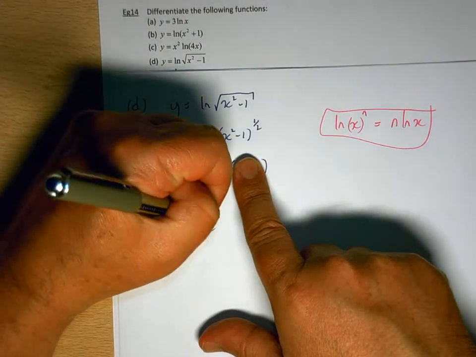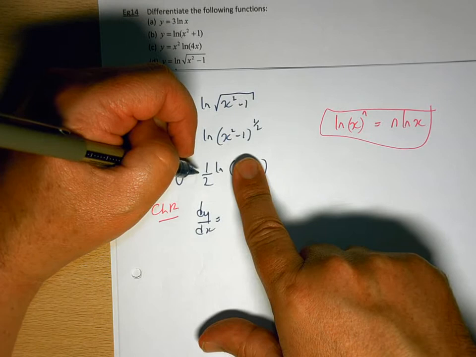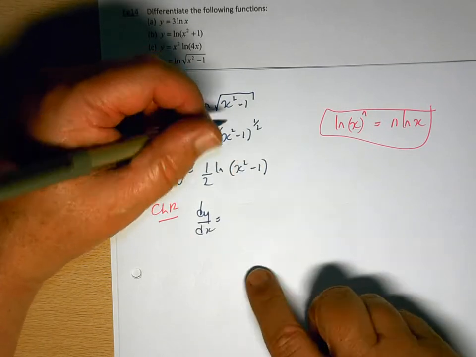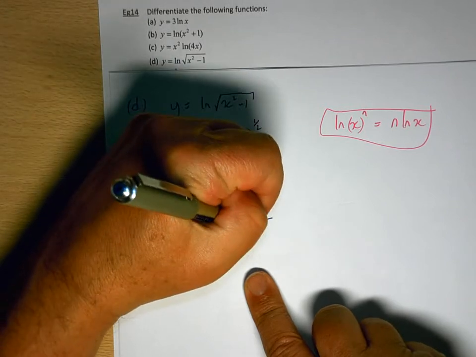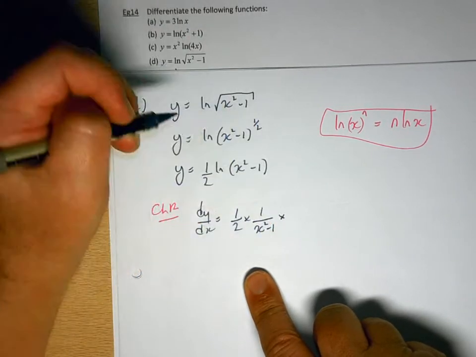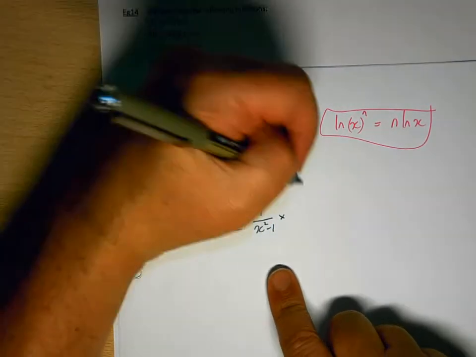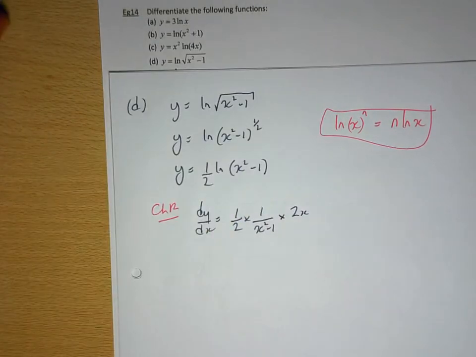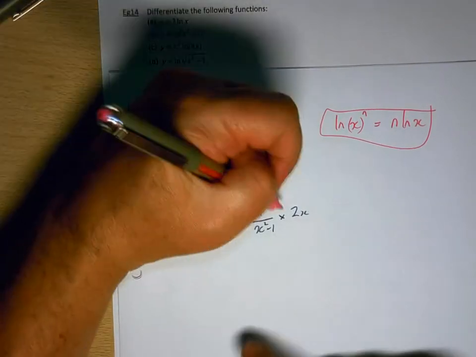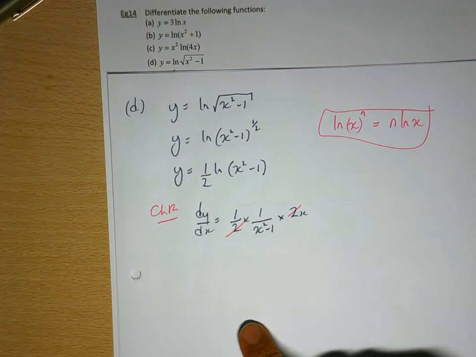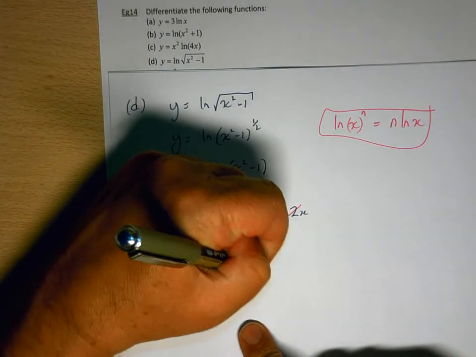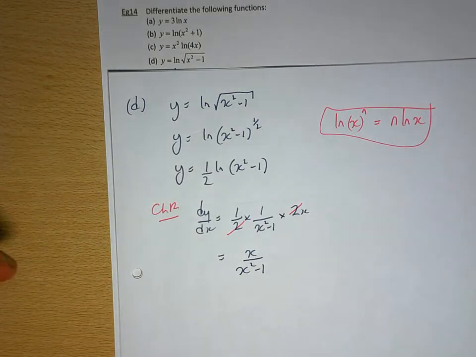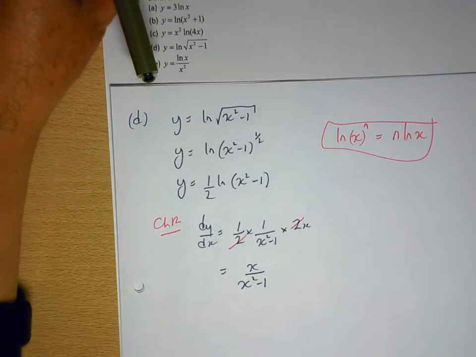So dy dx will be a half, 1 over what you covered up, times the differential of what you covered up, which is 2x. 2's cancel, and you're left with x over x squared minus 1.